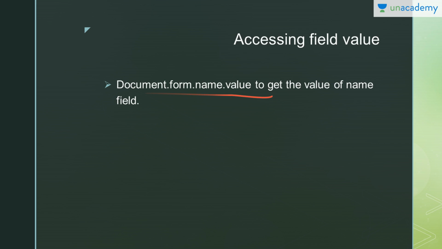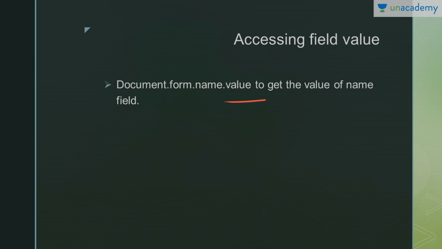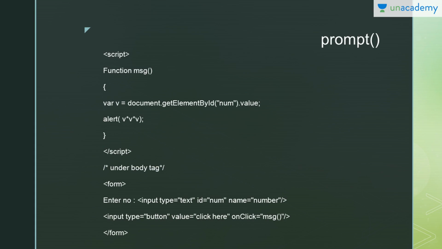Here form is the name of your form, and name is the name attribute of the input text. Value is the property that returns the value of the input text, meaning whatever is written in that field, right?